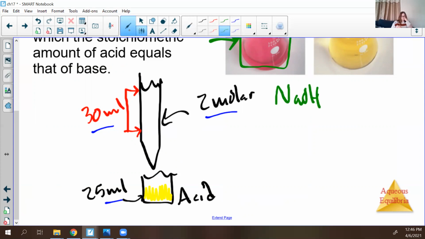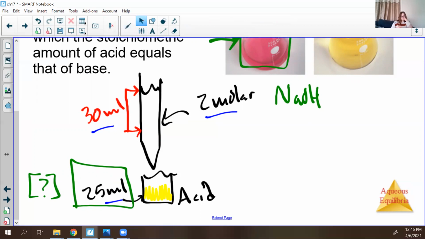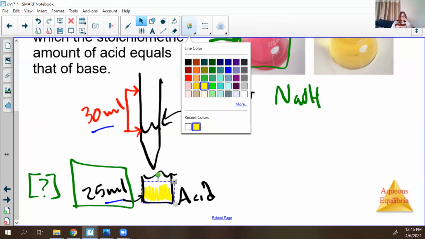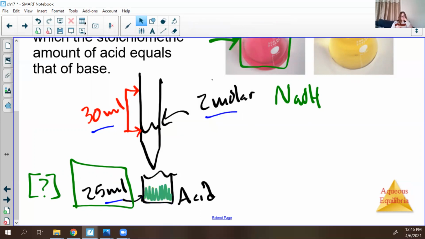Okay. So we're going to say I have 25 milliliters of an unknown concentration of this acid. So I'm going to use a titration to figure this out. So we open up the valve and drain it out. And when it gets to here, this solution now goes green. Green is the indicator that it's neutral most of the time.